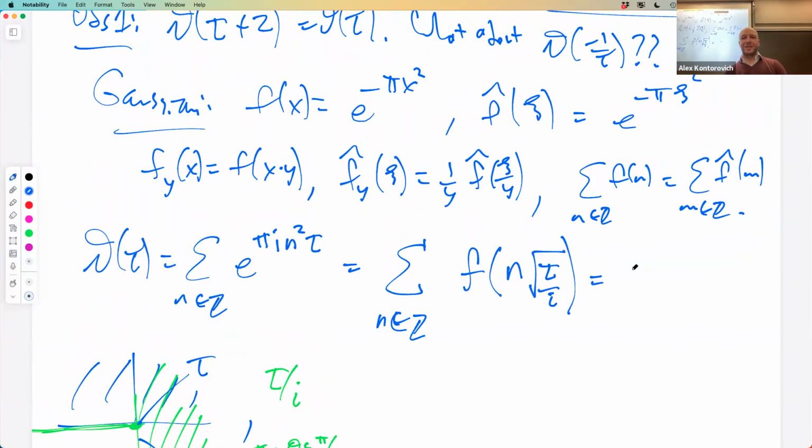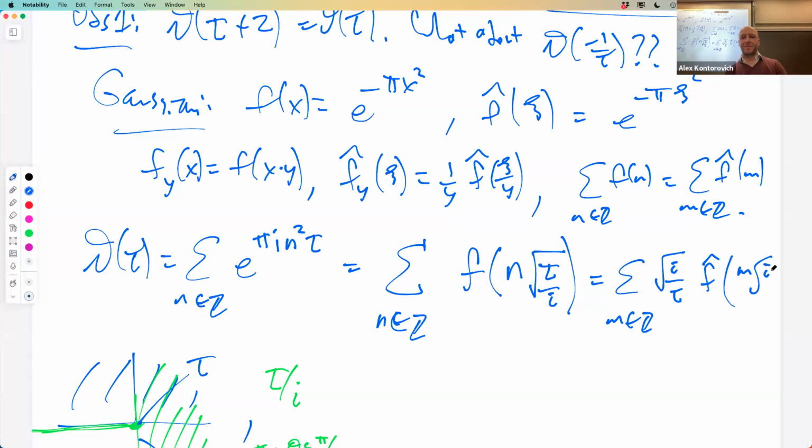Poisson summation says this is the same thing as a sum over m in Z of f hat of m, but f has been scaled. So f hat is going to be 1 over the thing that it's been scaled by. So that's a square root of i over tau. And then this factor, which is f hat of m over y.